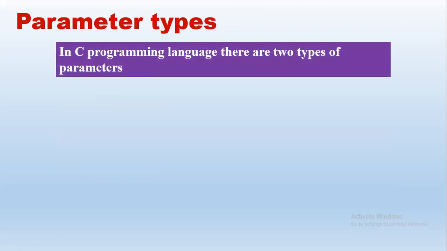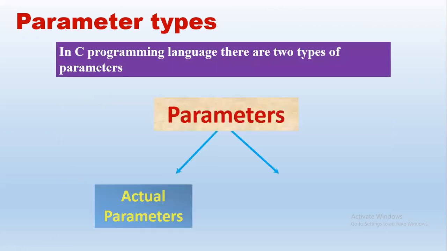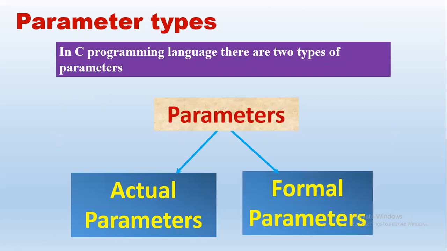Then we have the different types. We have seen the types of parameters. There are two types in functions, right? In C, we have actual parameters and formal parameters. So what are actual parameters? The parameters which we have used in main are actual parameters. The parameters in the function are called formal parameters.